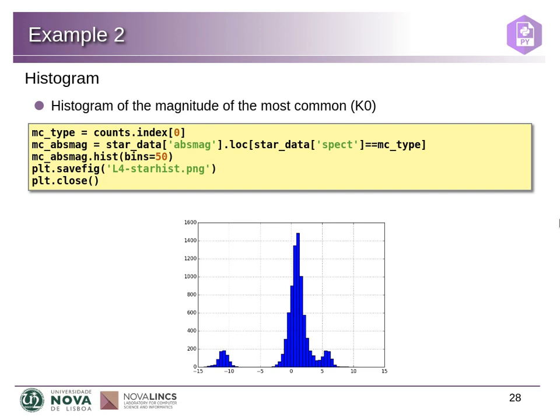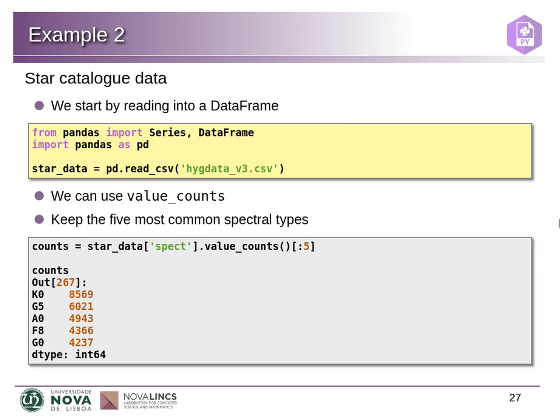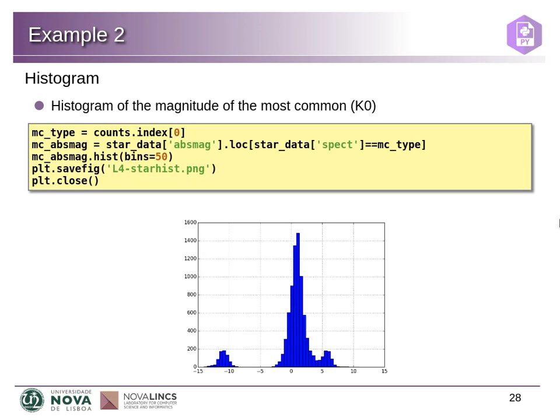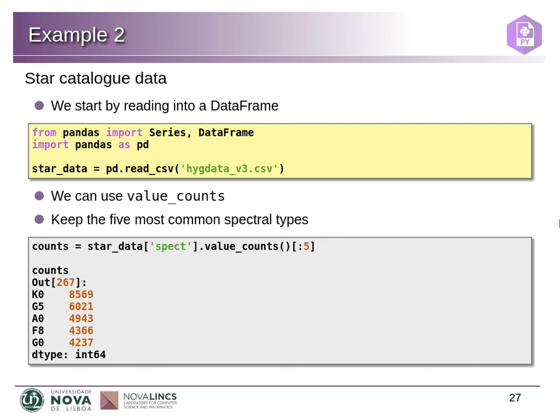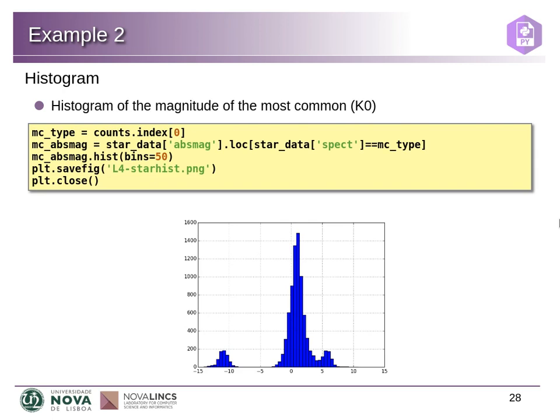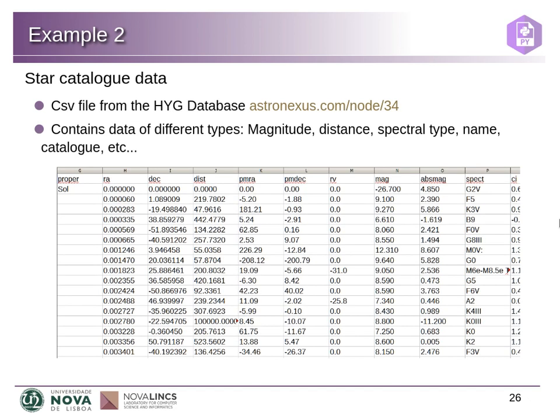So, let's go back here. When I do counts, I get a series with the frequency, right? The first one is the most common. So I go there to the index and I get this K0, which is the first most common. Now here, star data, absolute magnitude, I'm getting this column from the table. But I don't want all the values here.